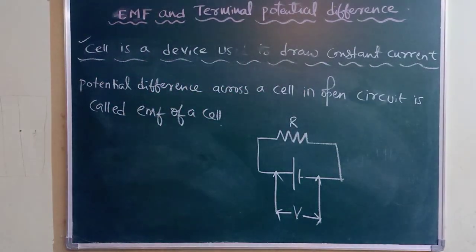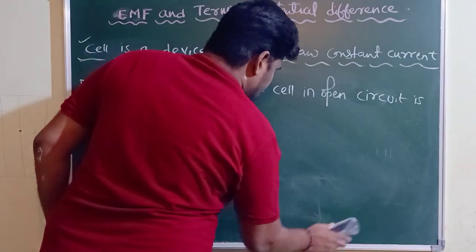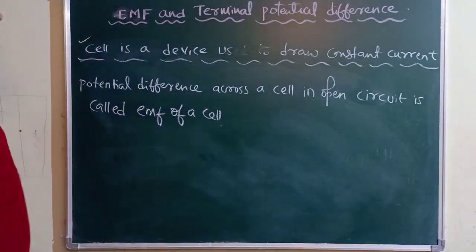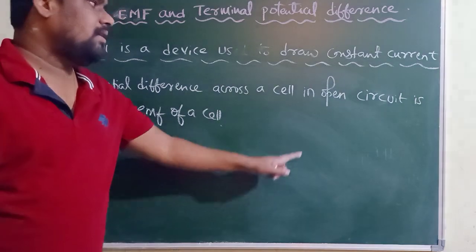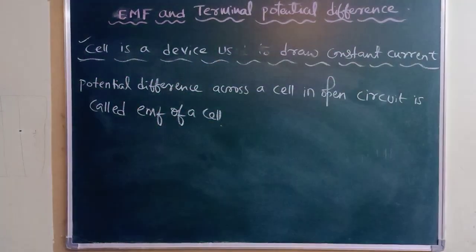What is the terminal potential difference of a cell? The terminal potential difference of a cell is the potential difference across a cell when it is in closed circuit.